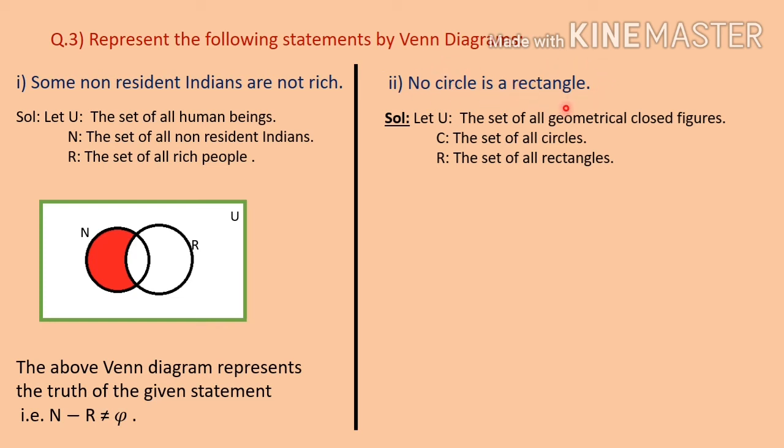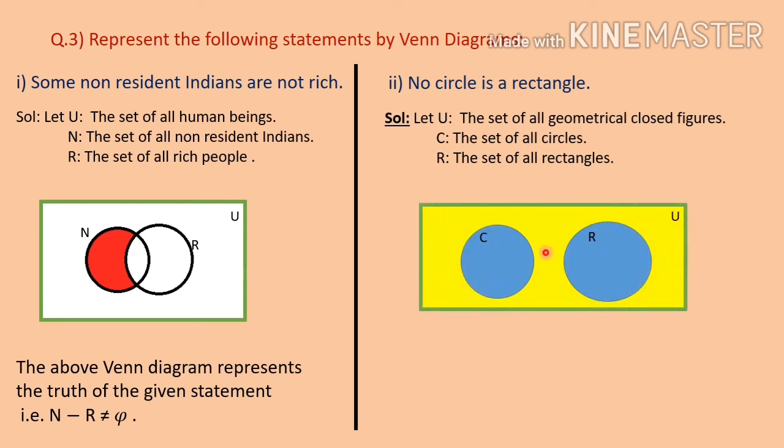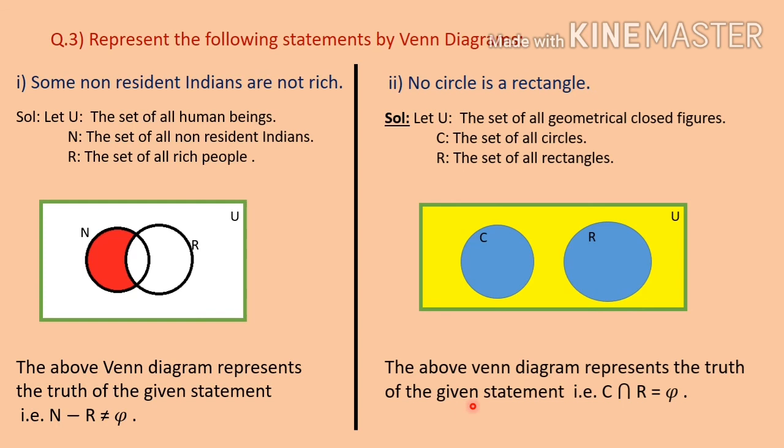That means you will have two circles having nothing in common. So here C represents the set of circles, R represents the set of rectangles, and they are not having anything in common. Getting? And explanation will be the above Venn diagram represents the truth of the given statement such that intersection of C and R is equal to ∅. Understood?